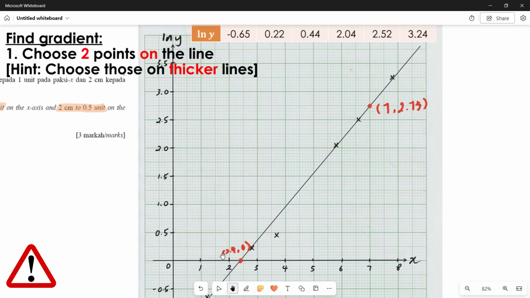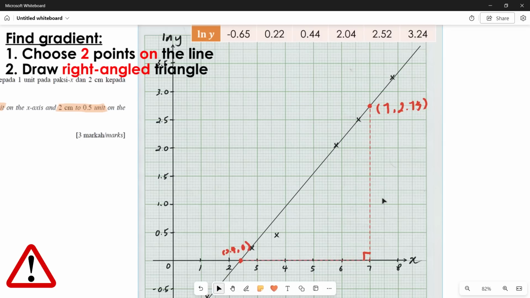Okay, but first we need to draw a right angled triangle according to the 2 points here. So the right angled triangle would be something like this. The reason we need to draw this is because the gradient formula, which is y1 minus y2 over x1 minus x2, can only be used for straight lines, right?